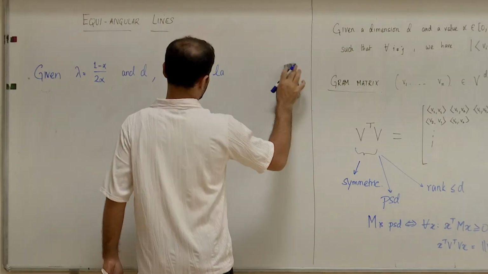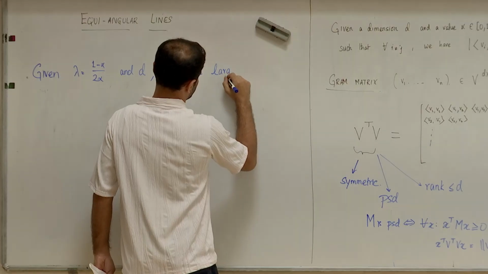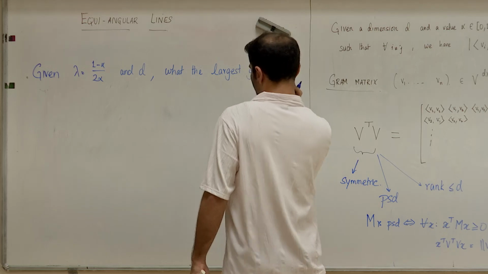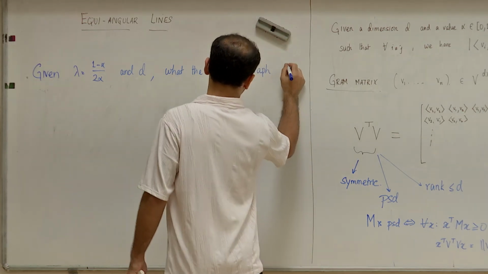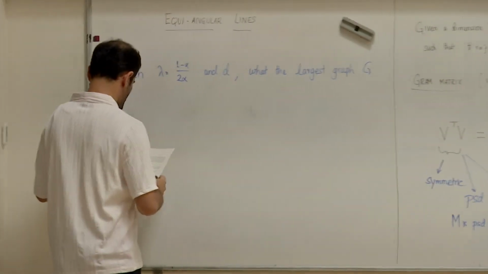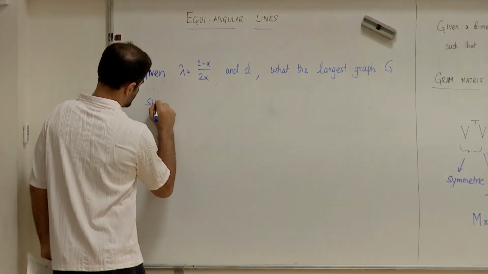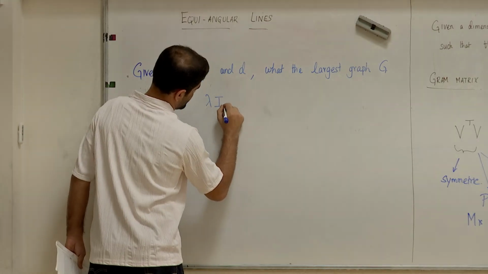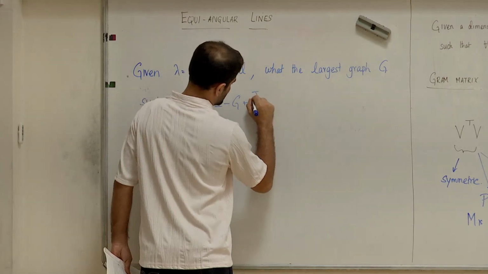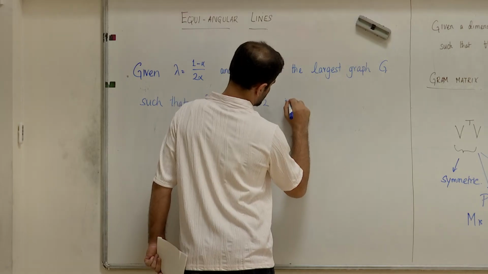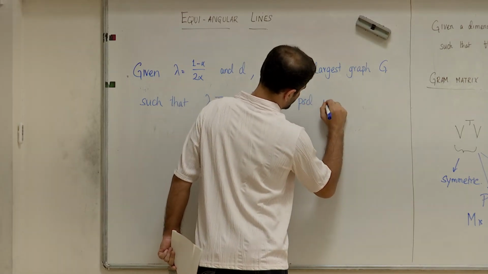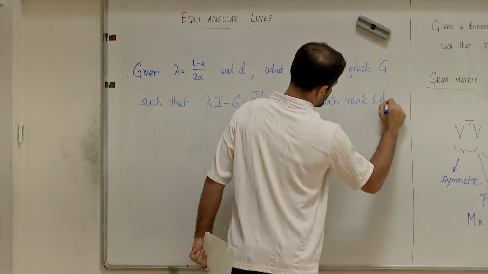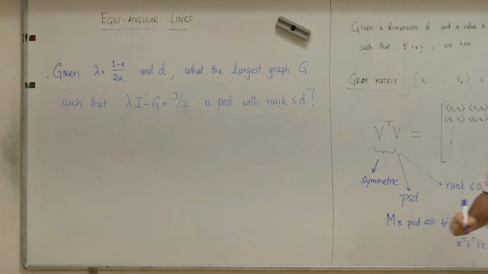This graph should have a lot of vertices. Largest graph G such that lambda I minus G plus J over 2 is PSD with rank less than or equal to D.